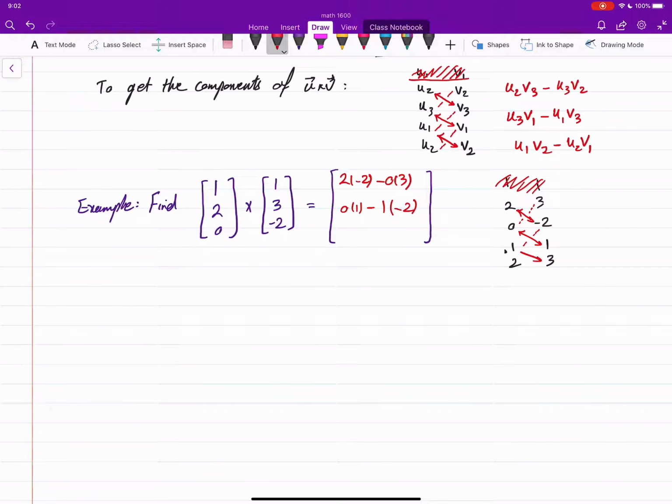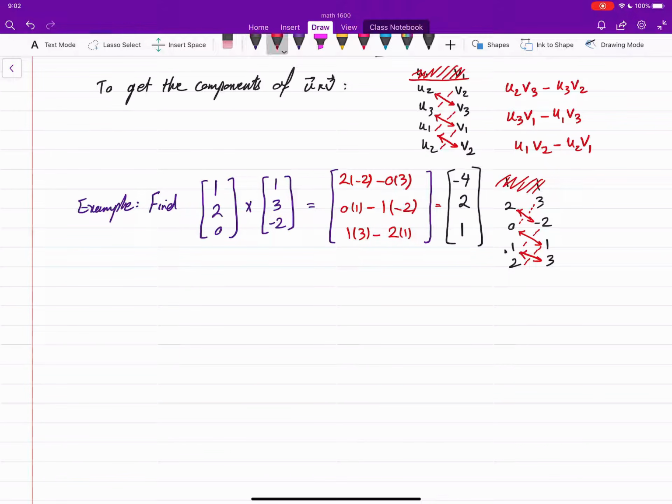And for the third one, this is 1 times 3 minus 2 times 1. This way we found the cross product: negative 4, 2, and 3 minus 2 is 1. You have to be able to perform this product and know the important facts about it.